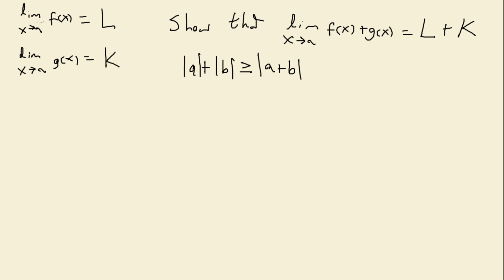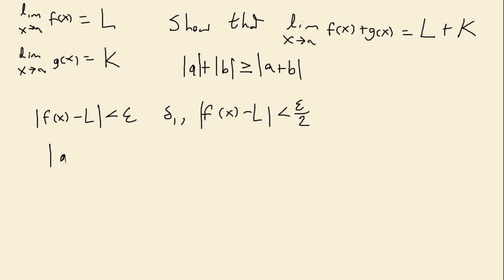If we know that the limit as x approaches a of f of x is equal to L, then we know that for any value of epsilon, there will always be some value of delta that will satisfy the inequality absolute value of f of x minus L less than epsilon. We could say that there would be some delta, we can call it delta 1, such that the absolute value of f of x minus L will be less than epsilon over 2.